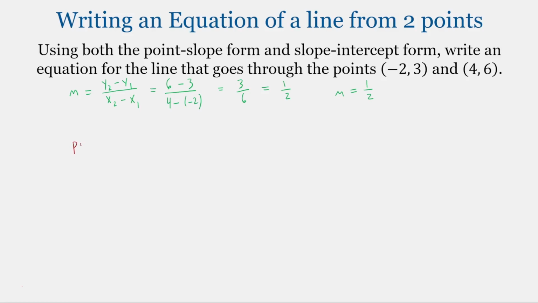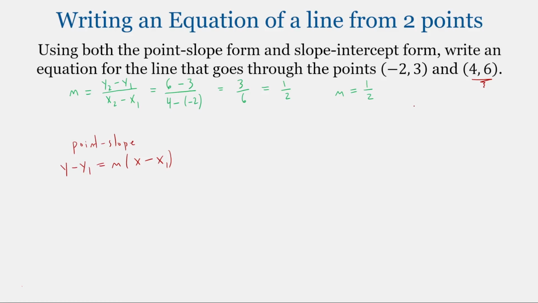So let's start with that point-slope form first. So when we're talking about point-slope, the equation for that is y minus y sub 1 equal to m times the quantity x minus x sub 1. Again, it doesn't matter which point you pick, but I'm going to go ahead and pick the second point this time.